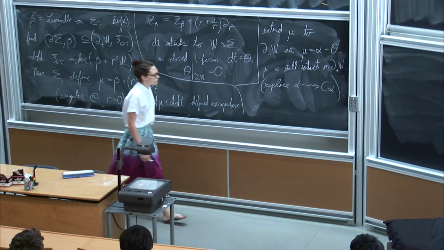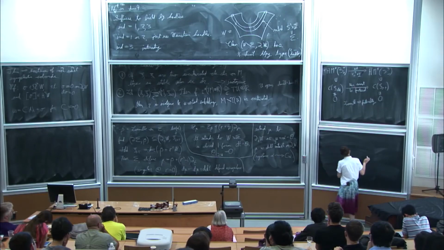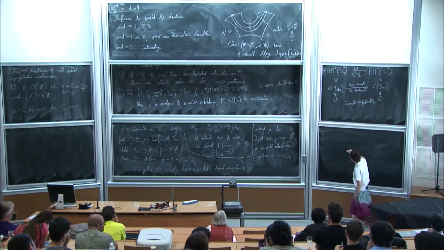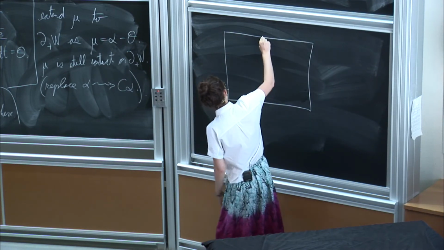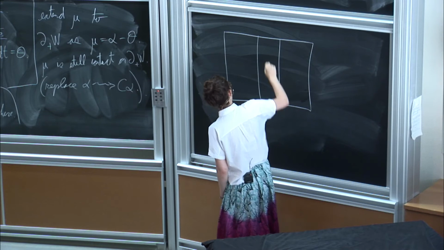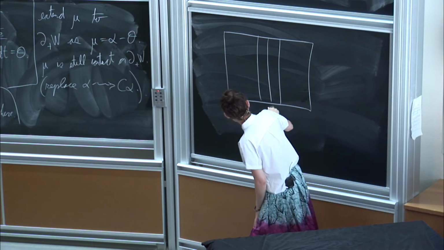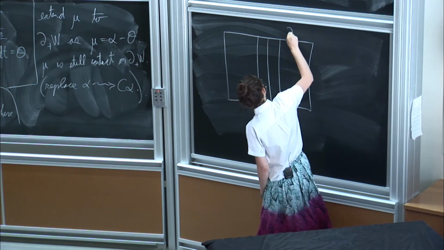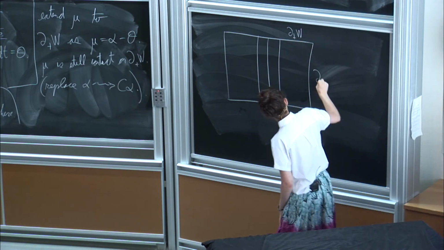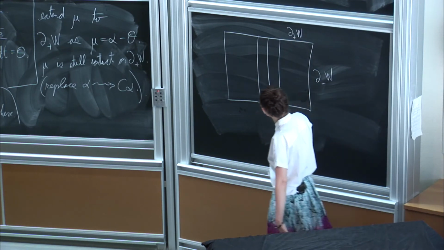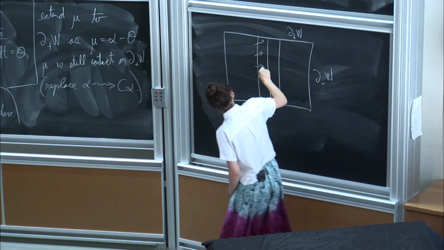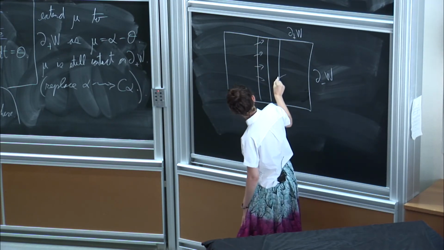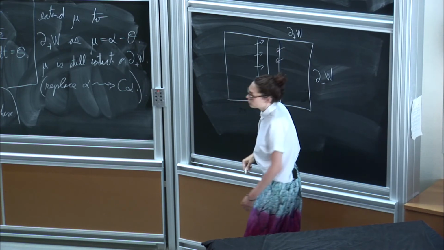Okay. So now let's maybe draw a schematic for what my W looks like. It looks something like this. So I have my sigma here. This is my positive side of W and my negative side of W. And my Liouville vector field is pointing inwards towards the divisor.